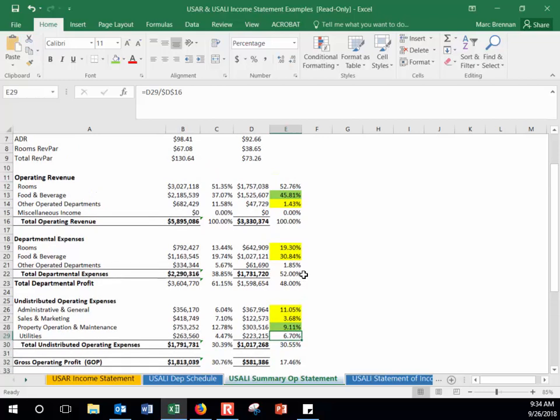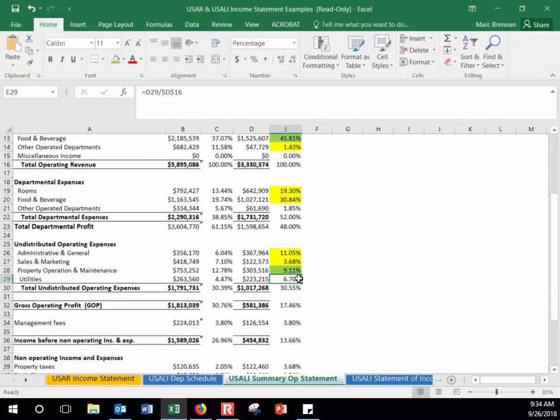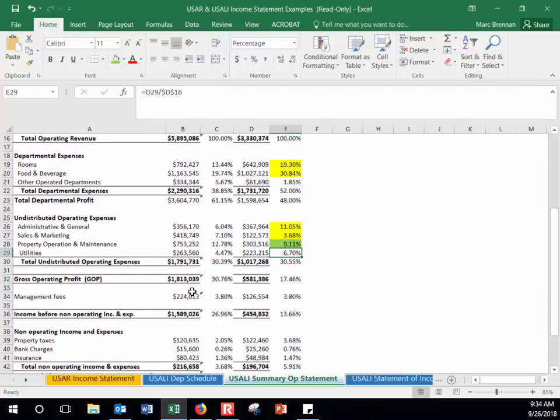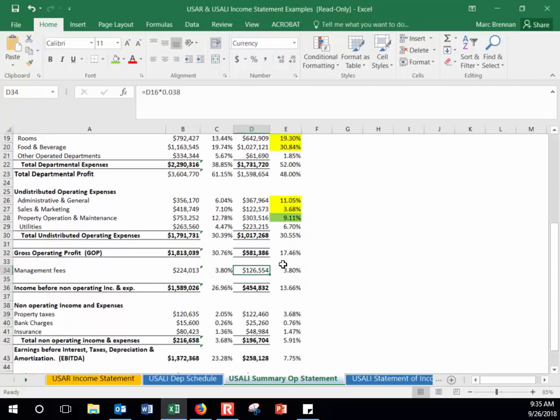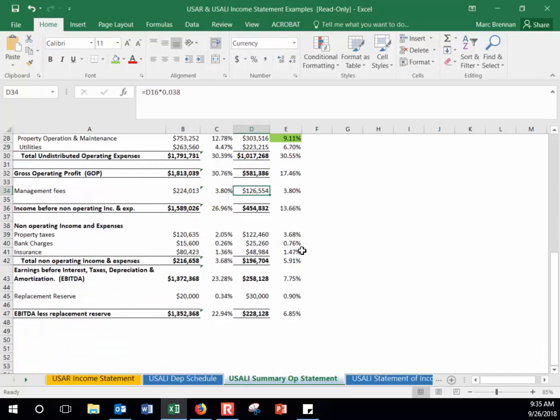But at the end of the day, you still need lights on, you still need to use water, and so forth. Management fees, notice how they're both 3.8%. Remember this management fee is typically a percentage of total operating revenue. So to me, this would mean that the contract is 3.8% of total revenue as the management fee. So we can't really highlight that. We had no control over that.